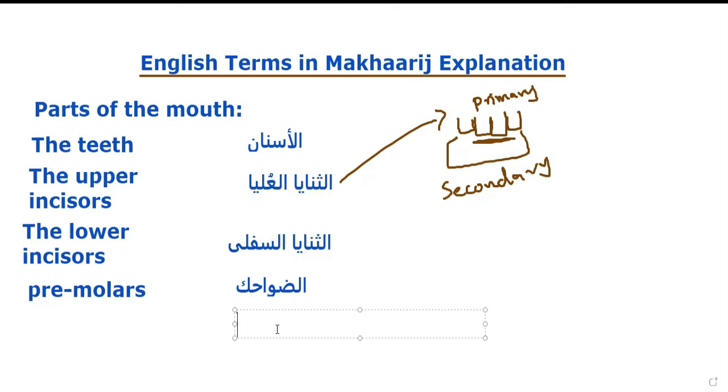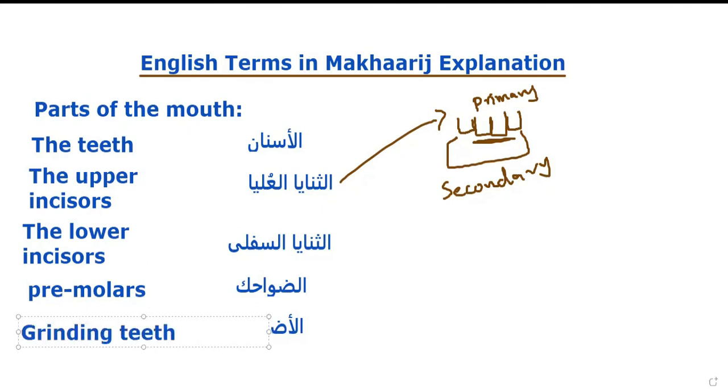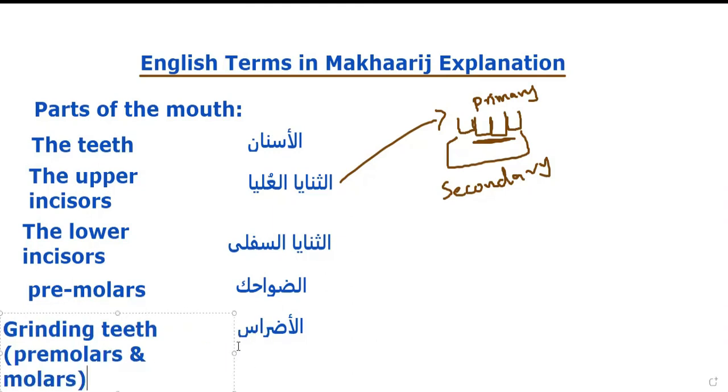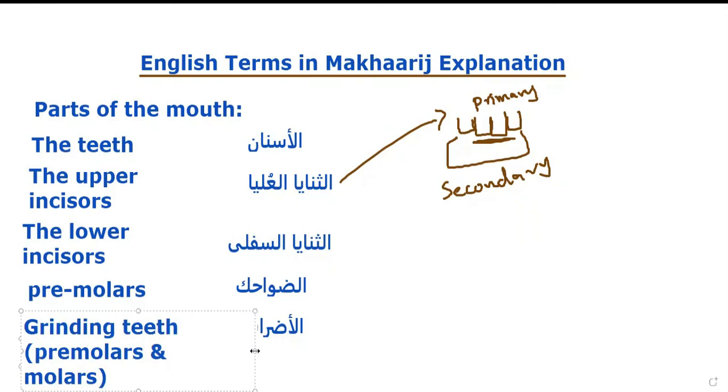And then al-adras. Adras are the premolars and molars, so let's call them the grinding teeth, the teeth that we use to grind the food. Now, I told you that dawahiq are also premolars and adras are also premolars and molars.